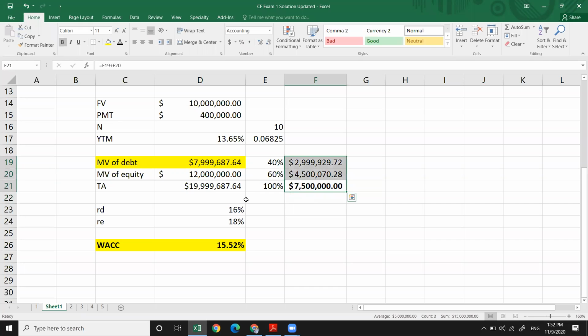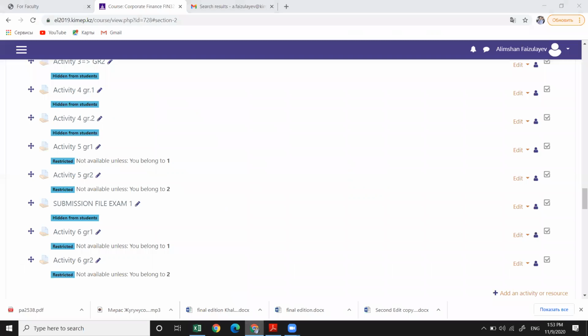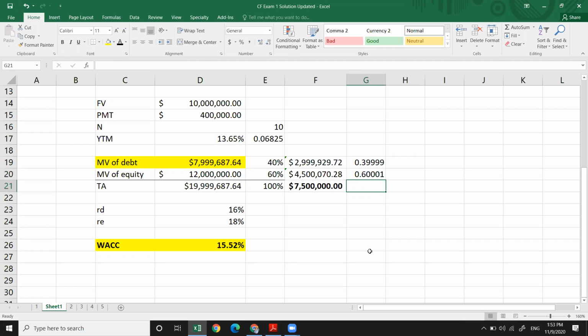It's just for clarification, to show you that the proportion of debt is the same. How do I know it's the same? This divided by this is 40, and this divided by this is 60. Okay, great.